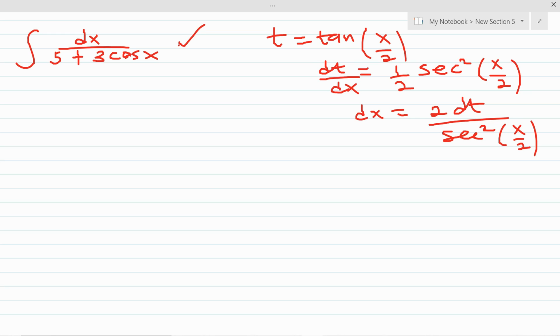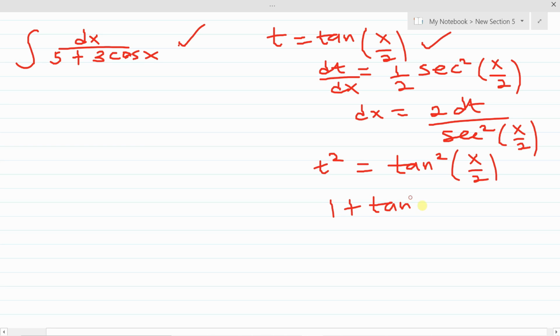Let's try to simplify this. We want to get an expression for cos x. Now mind you that from t equals tan of x over 2, I know that t squared is equal to tan squared of x over 2. But from a trigonometric identity, we know that 1 plus tan squared of x over 2 is equal to sec squared of x over 2.